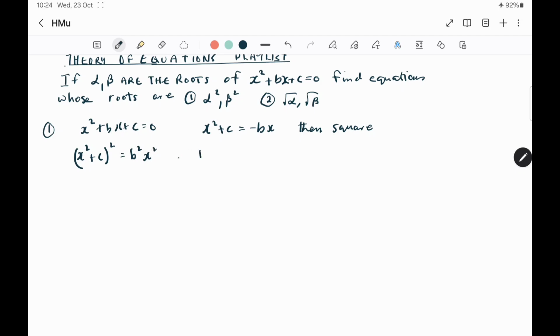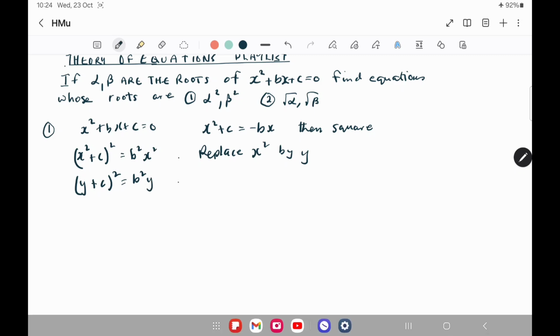Now replace the x squared by y, and we will end up with y plus c all squared equals b squared y.